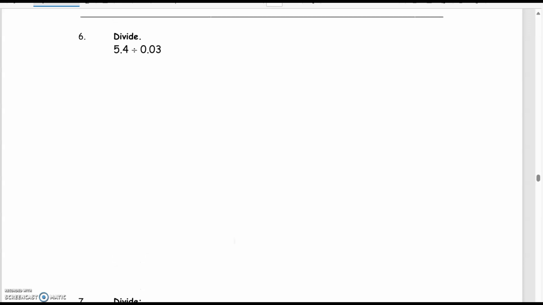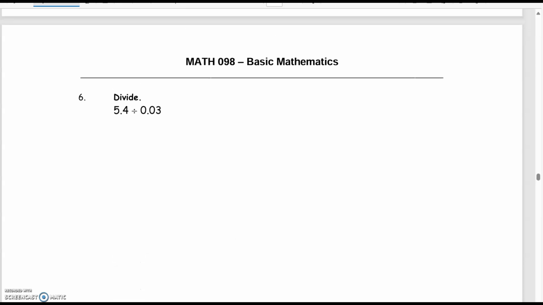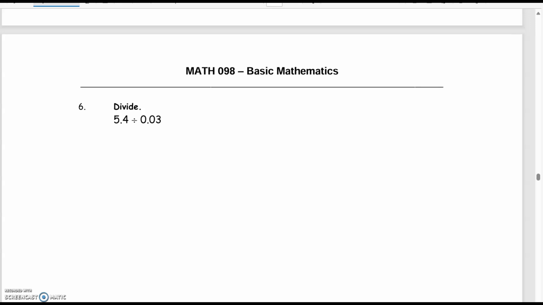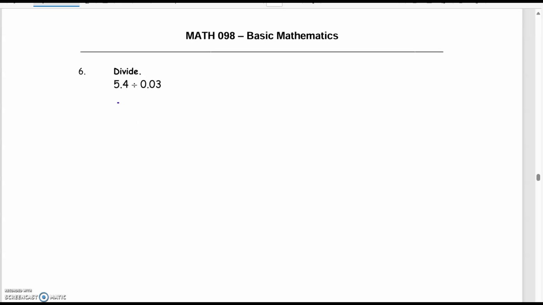Now let's see how we can deal with this sort of division. Remember, the first thing we always check is if the divisor is a whole number. That's the first thing we ask ourselves. Is it a whole number?